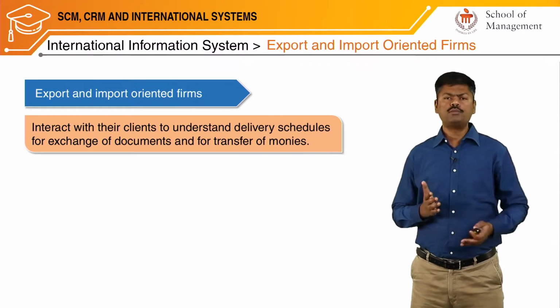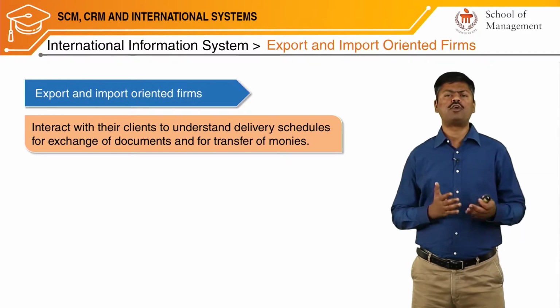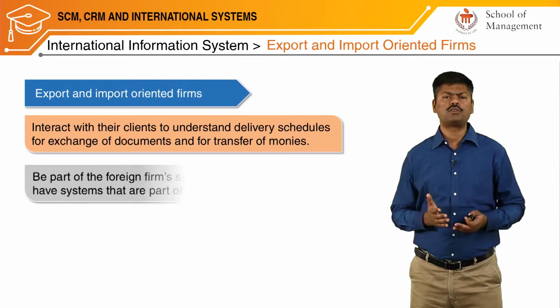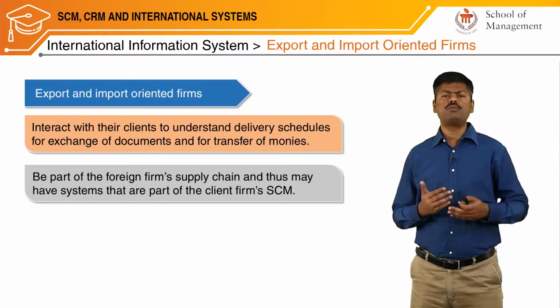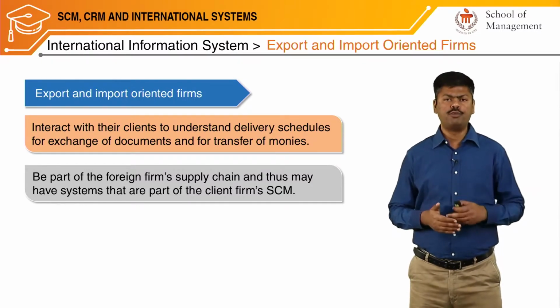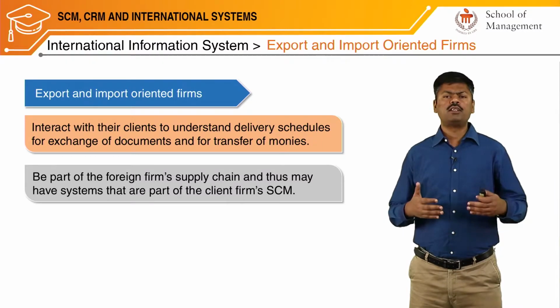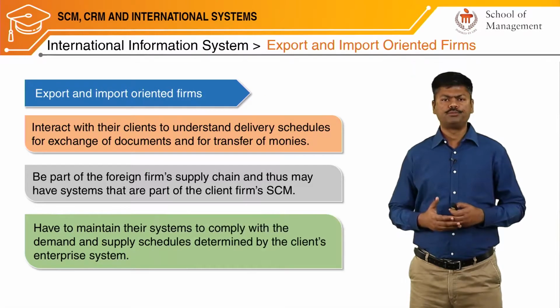Now we talk about export and import oriented firms. What they do is basically interact with their clients, understand delivery schedules, exchange documents, and transfer monies. They try to become a member of the supply chain of the firm they are collaborating with, and they try to make them part of their own supply chain.